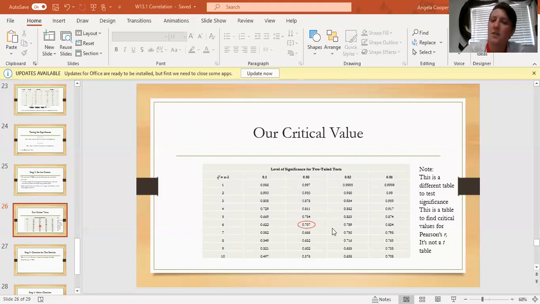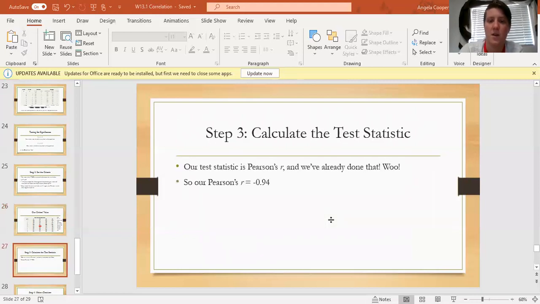So our critical values for this null hypothesis test for correlation are plus and minus 0.707. Nifty. Now, our test statistic, we've already calculated that. Remember that our Pearson's R value was negative 0.94. So we've calculated step 3 already.